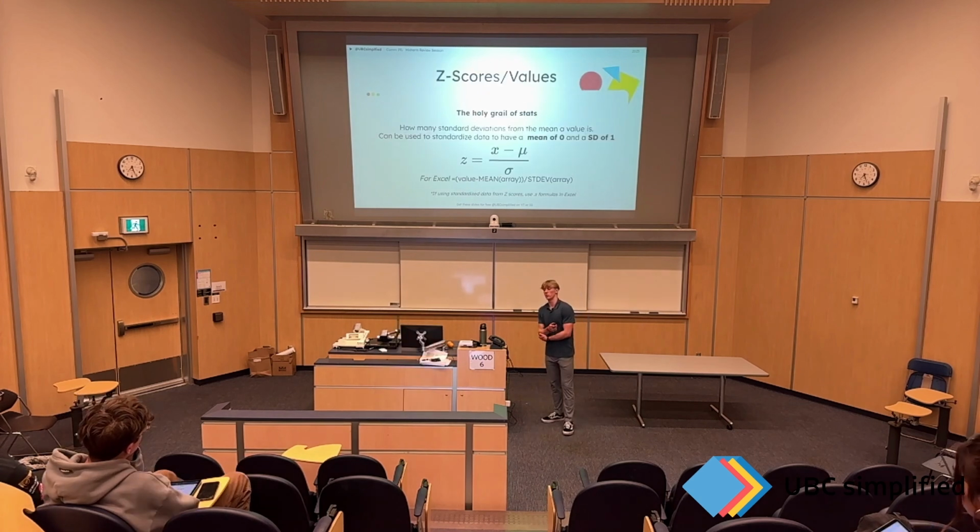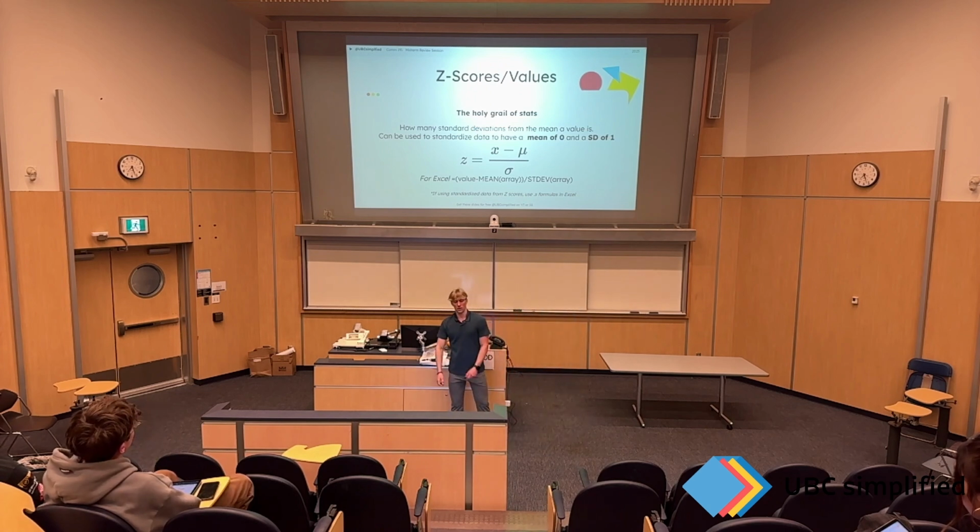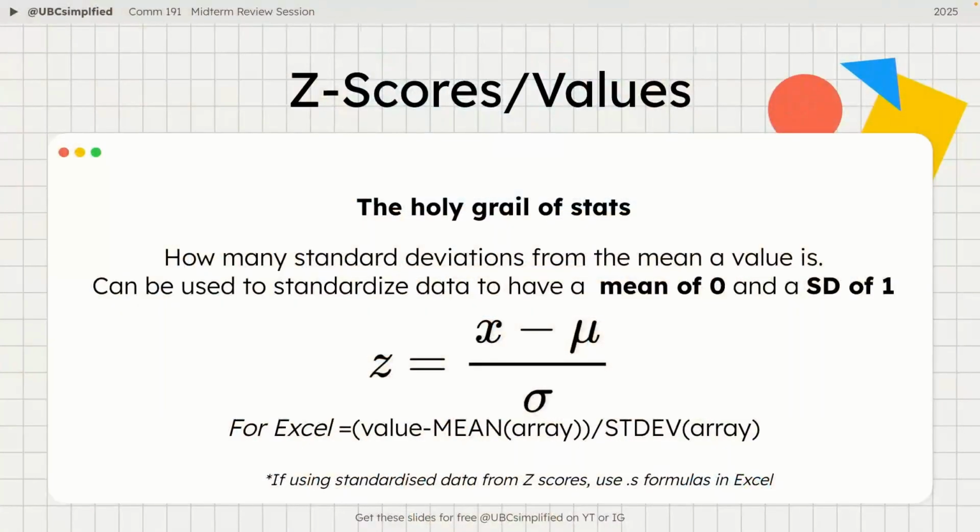We're moving on to z-scores and z-values. I think these are pretty important, but basically you're trying to come up with a way to compare different data and make it easier to visualize and understand. All it shows is how many standard deviations from the mean a value is. So a z-score of 3 means that value is 3 standard deviations away from the mean.